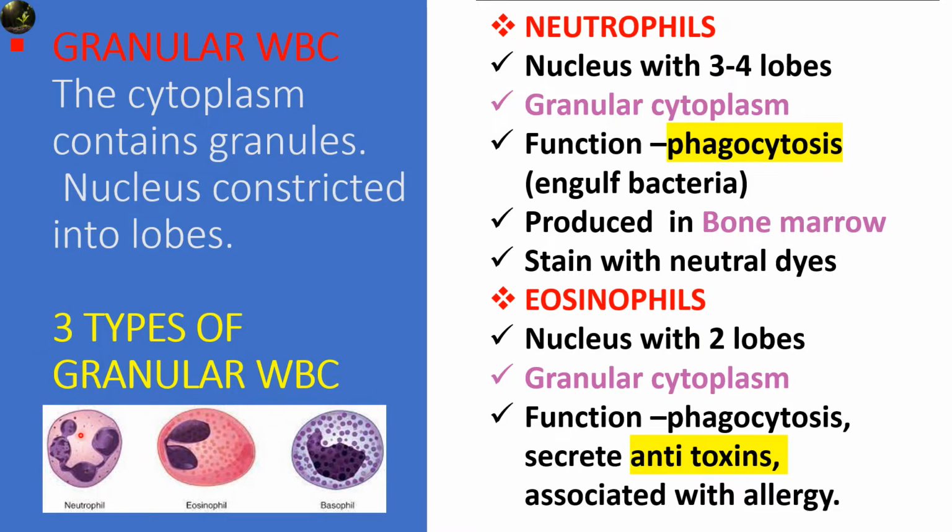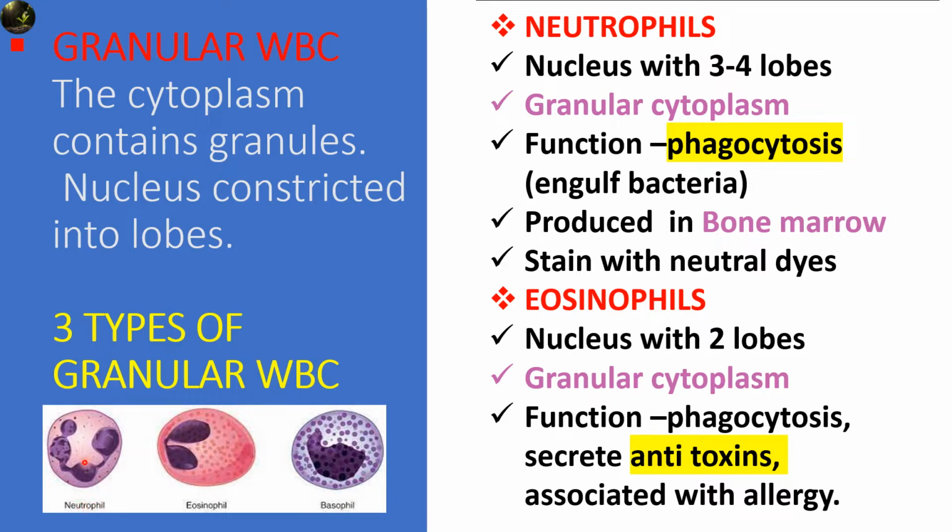If the cytoplasm contains granules, then we call that type of WBC granular WBC. In this picture you can see the nucleus is constricted into lobes. Based on the lobes, these granular WBCs are classified into three. What are they? They are neutrophils, eosinophils and basophils.